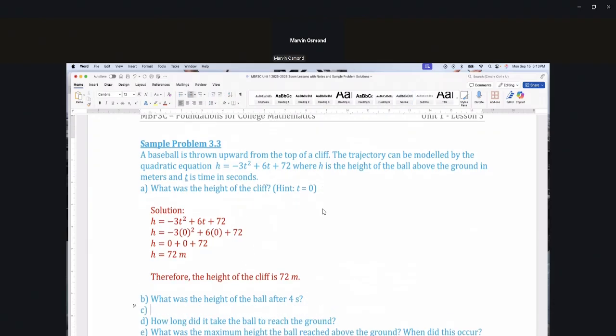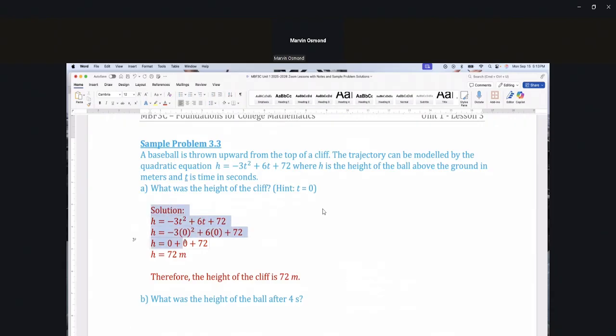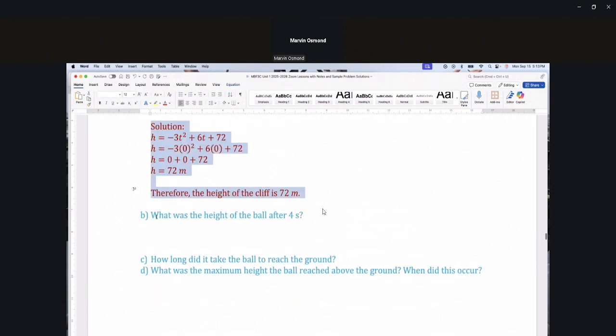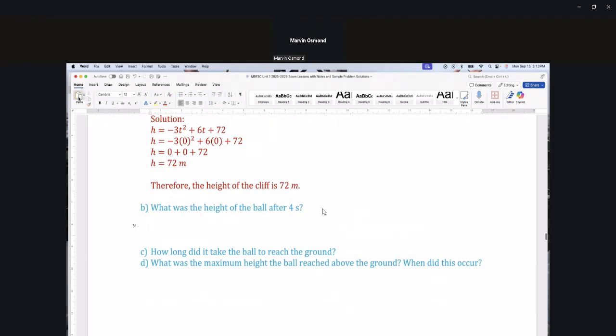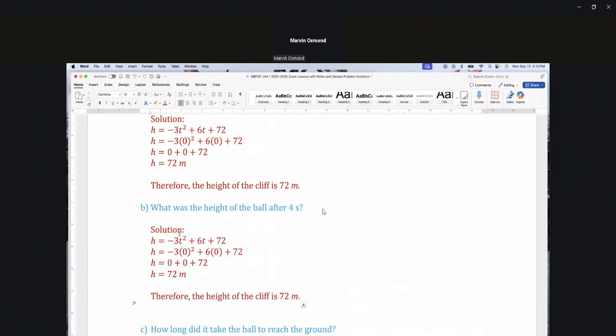Now, the next part is, what was the height of the ball after 4 seconds? So now it's the exact same problem as we did here. And I'm just going to show you how it's almost exactly the same. So now we start by writing out the equation.